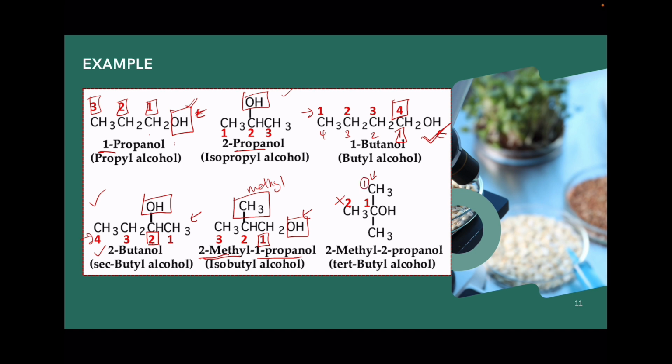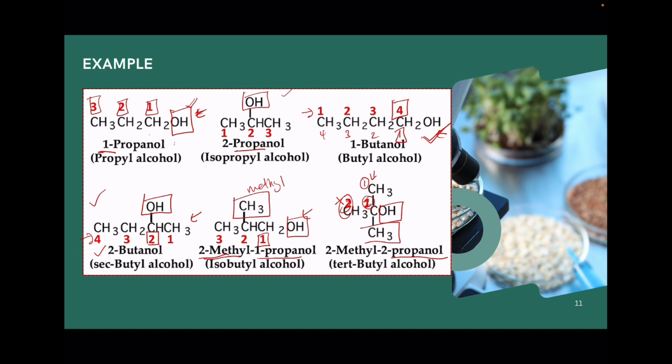So this is number 1, carbon number 2, and this is carbon number 3. So the longest chain of carbon is 3, which gives the parent name propanol, and OH is attached at carbon number 2. That's why the parent name is 2-propanol.